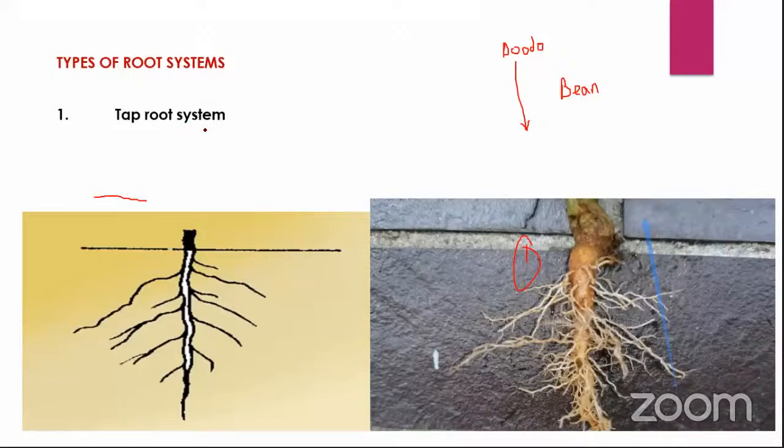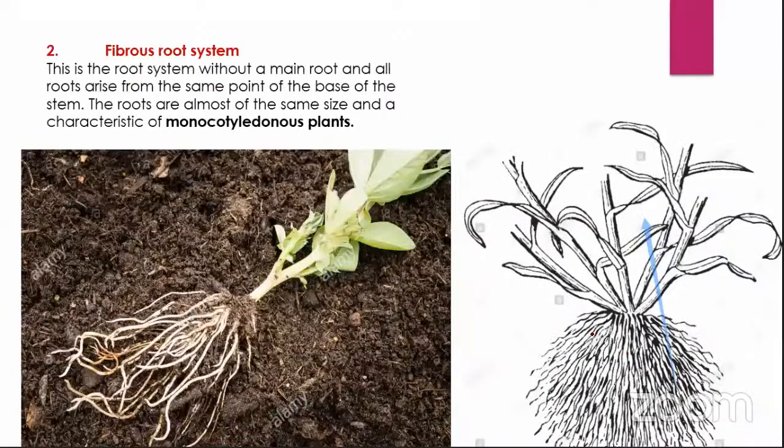Now, this is common to grasses, anything that looks like a grass, it falls under Monocot. Those are the grasses, and for them the roots are almost of the same size as you can see in this picture here, and then we can try to understand the primary.